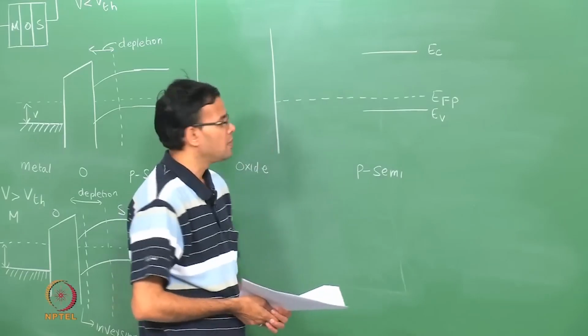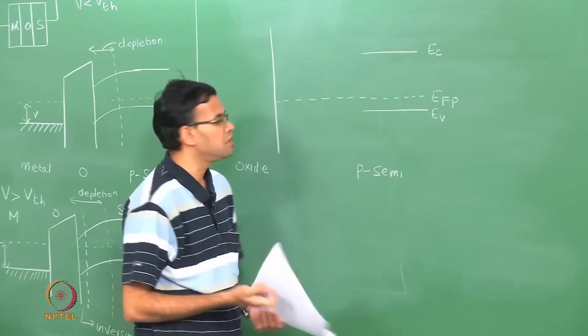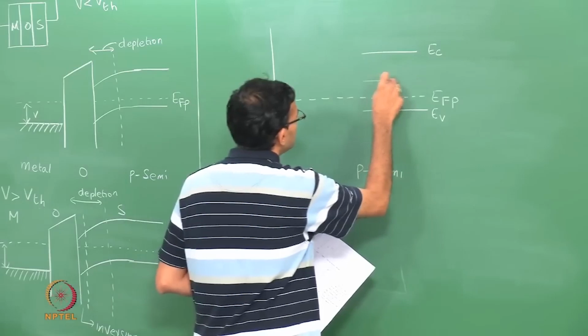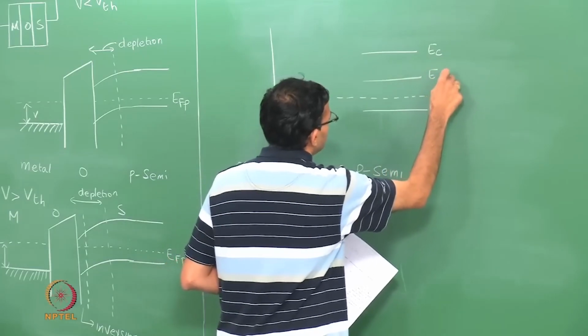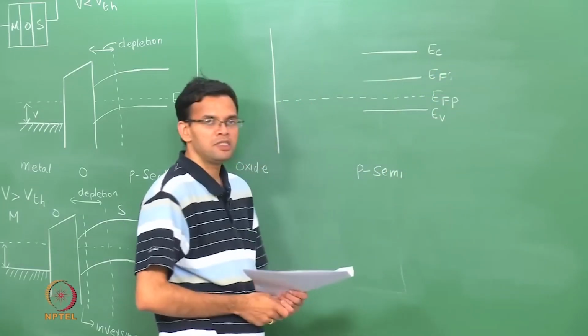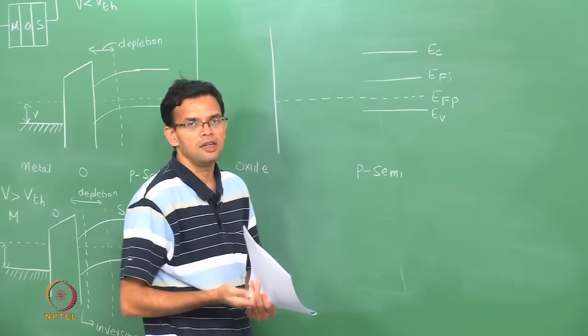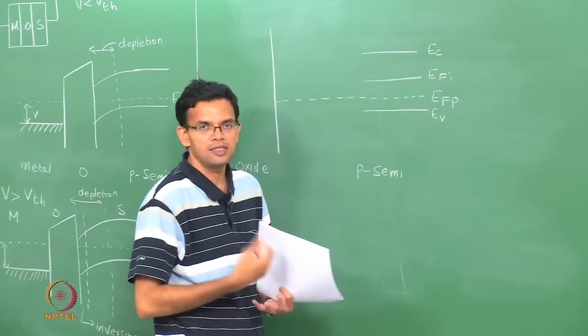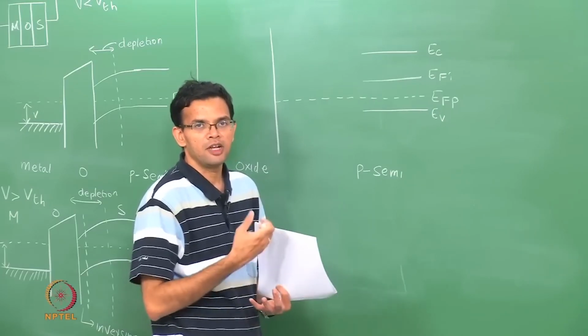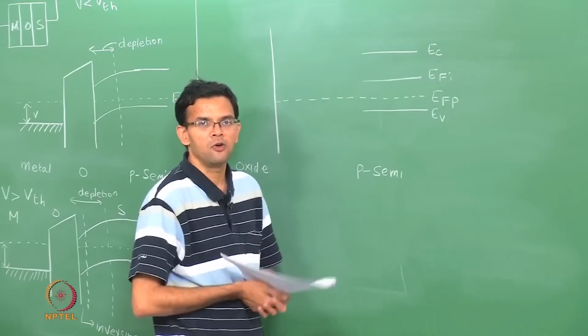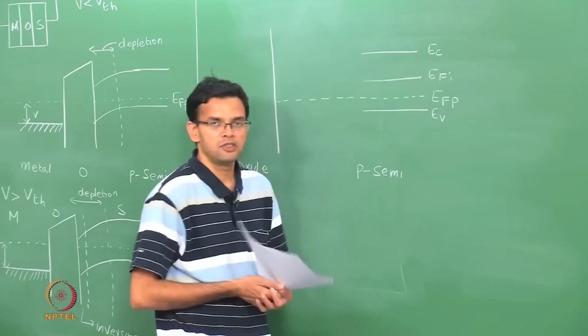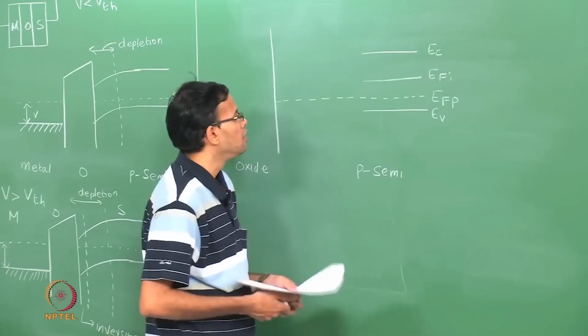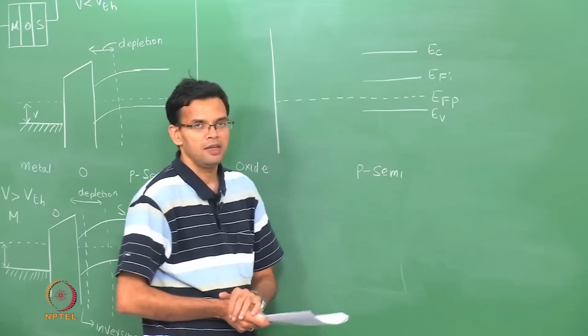In this diagram, let me also mark the intrinsic Fermi level EFI. Now, the intrinsic Fermi level, as we have seen earlier, is very close to the center of the band gap. It is not exactly at the center, because the effective masses of the electrons and holes are different, but it is very close to the center. So, we also have drawn EFI.